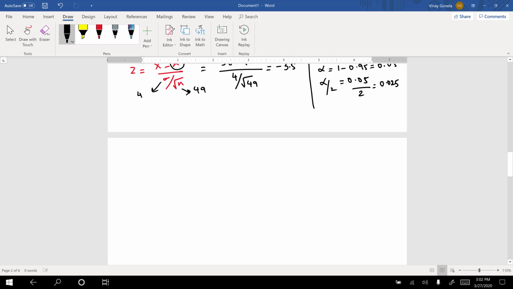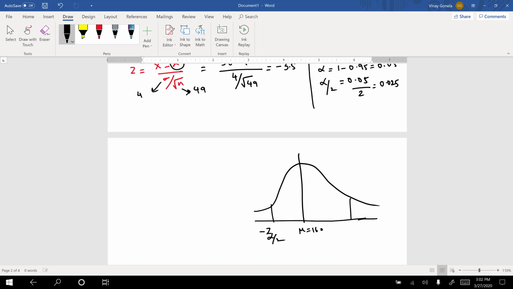So this in our normal distribution curve, this is how critical value will look. So I have a normal distribution curve, and this is our mu, which is 160, and this is negative z alpha over 2, and this is positive z alpha over 2. So this is confidence interval, which is 0.95, this area, and then this area plus this area together would be our significance level alpha, which is 0.05.